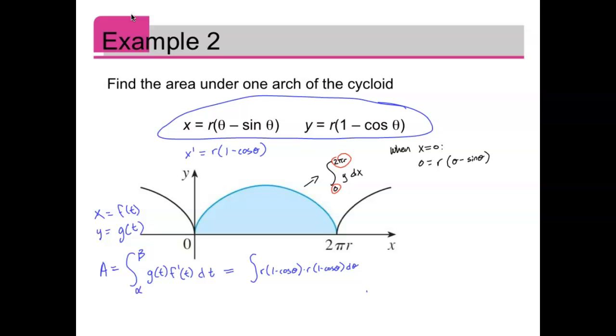R is a constant, so we can just divide that out. So I have theta minus sine of theta equals 0. And so we have to solve for theta here. Not so easy maybe to do by hand, but you can actually do this one by inspection. Is there any value of theta where theta minus sine of theta would be 0?